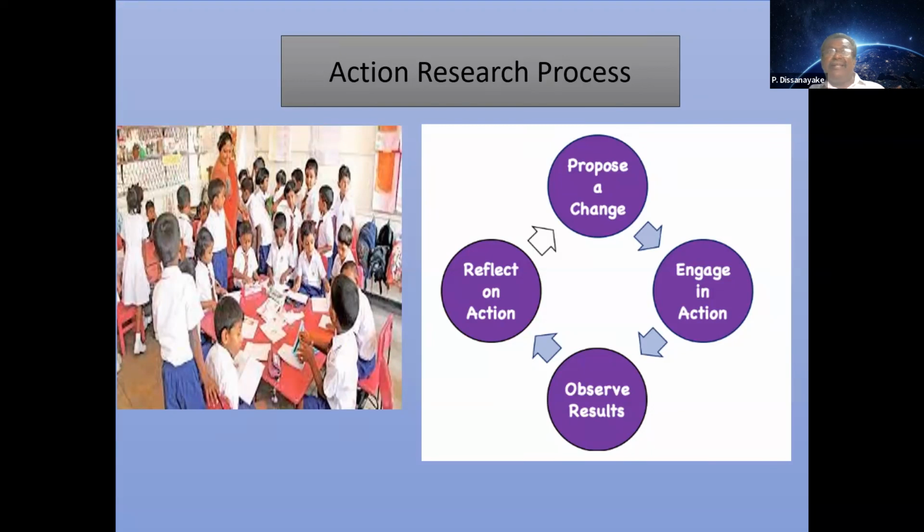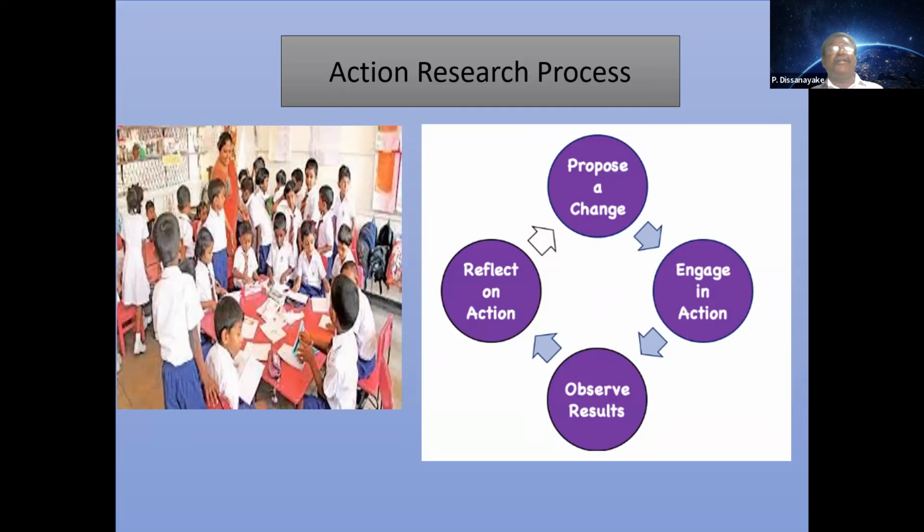First of all, I will give them a task and ask them to get into groups. You have proposed a change. You engage in action. Continuously you engage in that action. You observe the result. I say now they are actively involved in the learning process today because of my change. You observe the result.